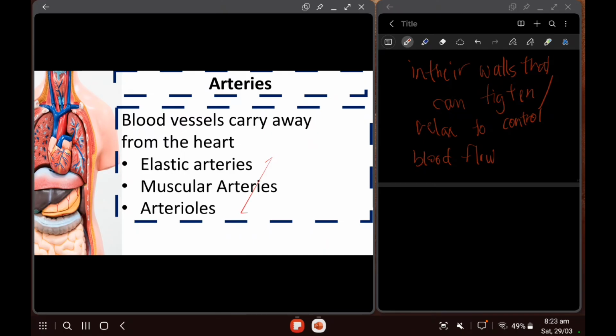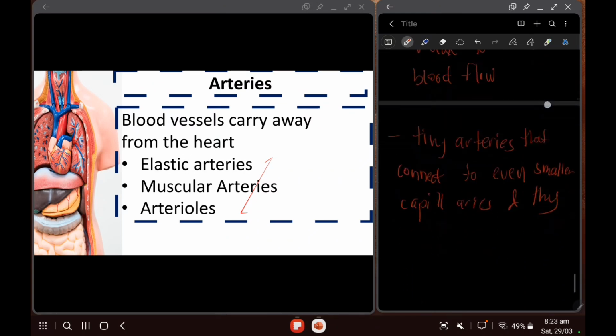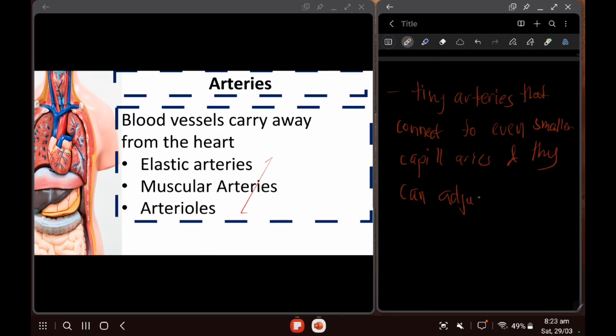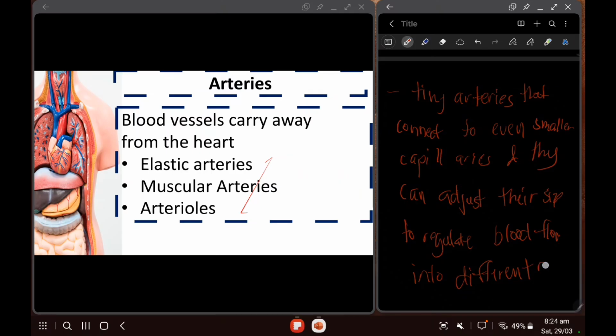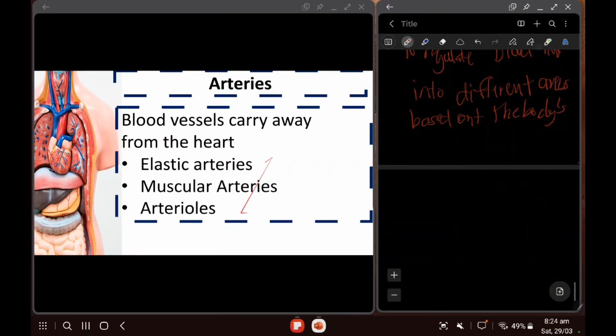Then since arterioles po is para mga smaller street, they are tiny arteries that connect to even smaller capillaries, and they can adjust their size to regulate blood flow papunta sa iba't ibang areas ng body based on the body's needs.